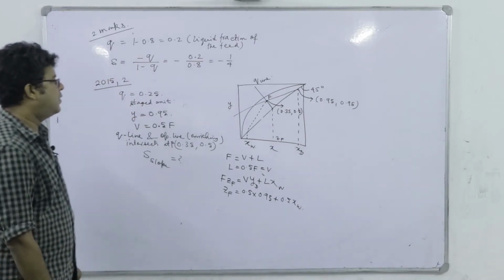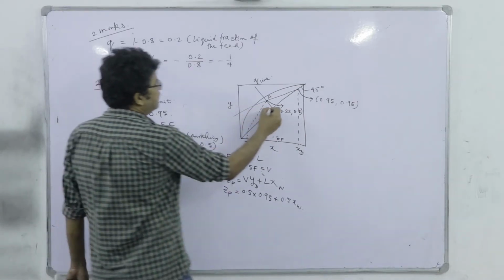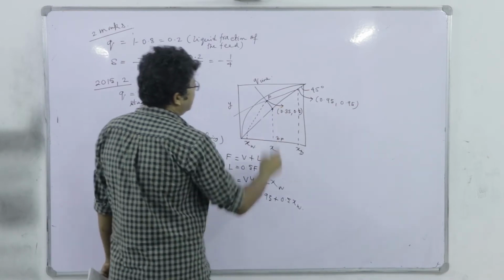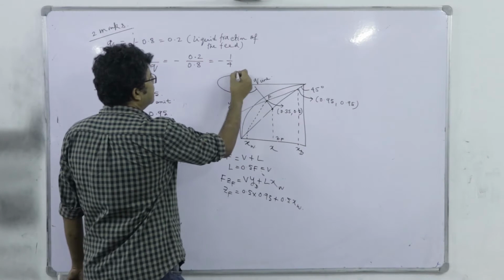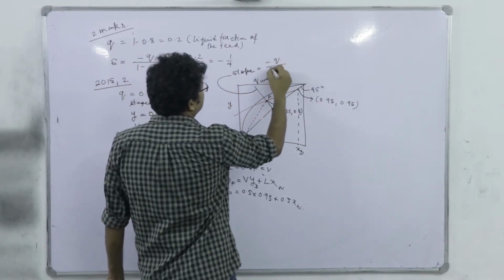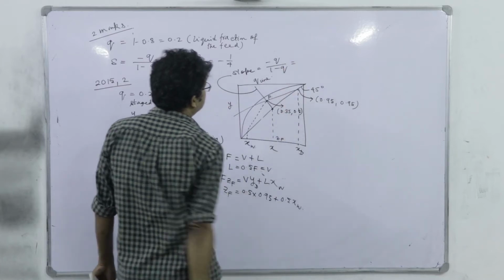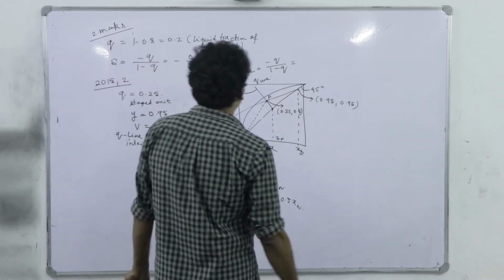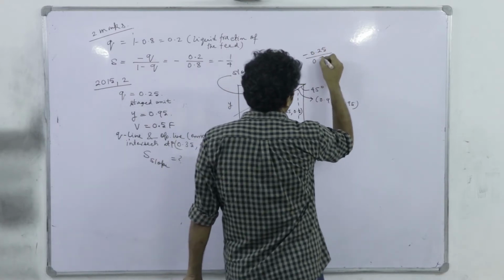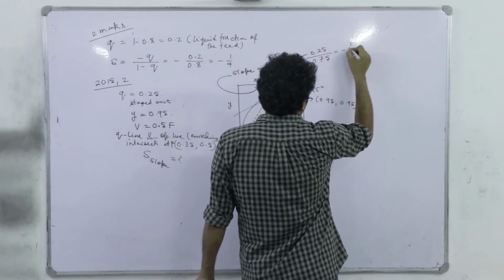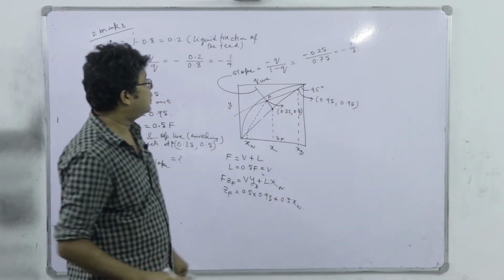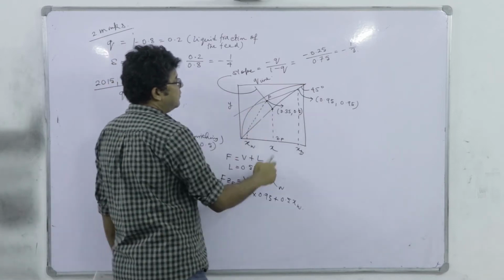So you have to solve for this ZF. This point has a location of ZF, ZF. Now how can we do that? The slope of the q line is minus q by 1 minus q, right. So q is 0.25, so 0.25 divided by 0.75, minus 1 by 3. Now one of the points on the q line is known, and this is ZF, ZF.